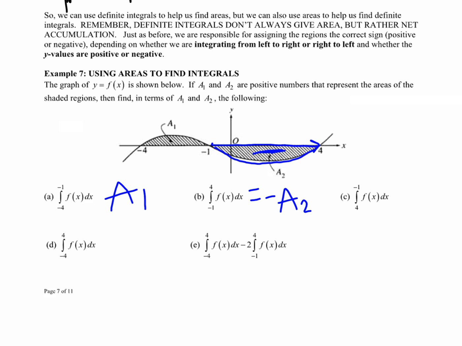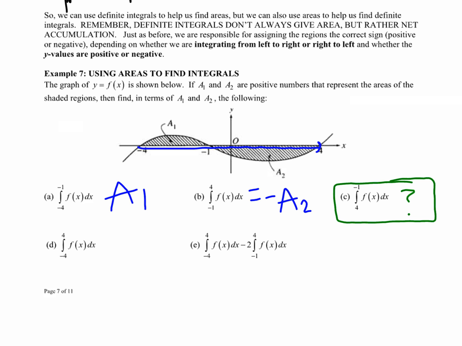This time, for part C, we are going from 4 to negative 1. So I'd like you to put this answer. All right, let's clear that out. Okay, the next one. We're going from negative 4 all the way to positive 4. So this is positive, this is negative. So this would be equal to A1, the area here, minus A2, the area here.